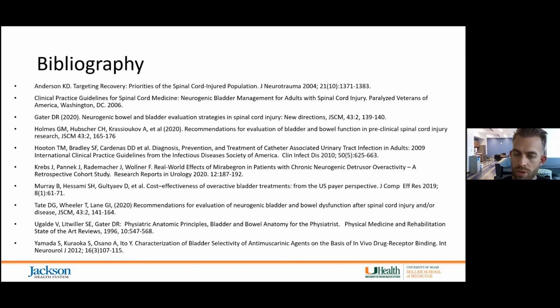urinary dribbling in between cath volumes, and we would do post-void residuals. They'd be 0 after cath. At first, we thought, well, maybe he's having bladder spasms. We tried oxybutynin. It didn't resolve the issue. I think he was discharged and we gave him supplies for caths as well as condom catheters.